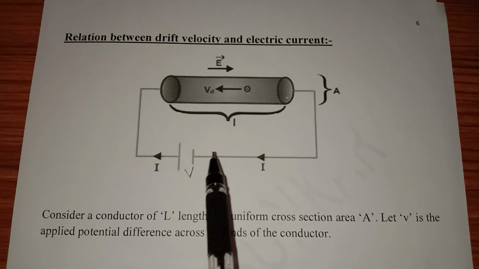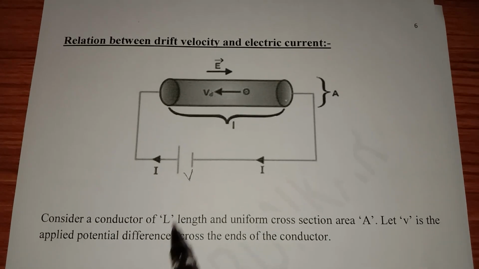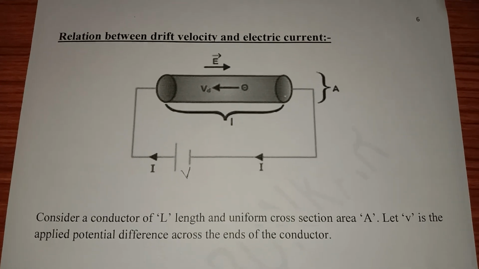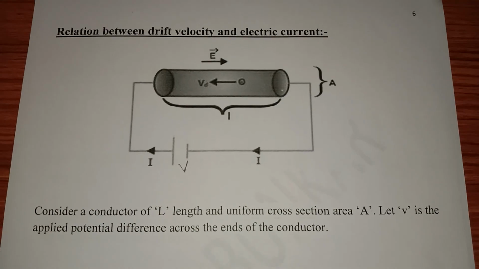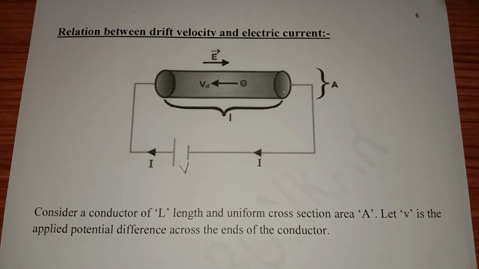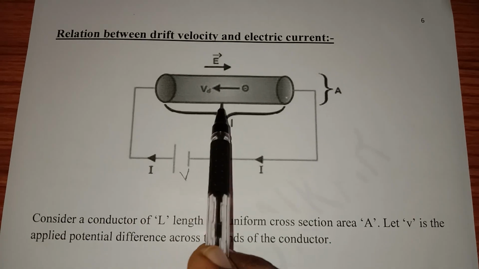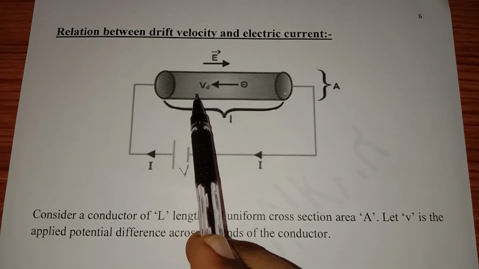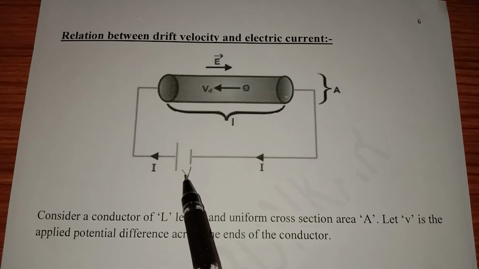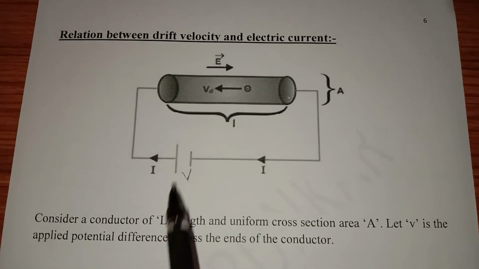So what is drift velocity? You are all familiar from the previous lecture, so let us take a brief recap. The drift velocity is the velocity attained by the electrons when they are attracted towards the positive terminal of the battery.